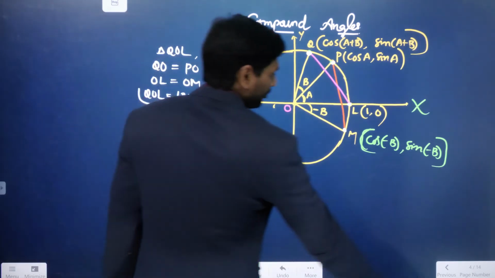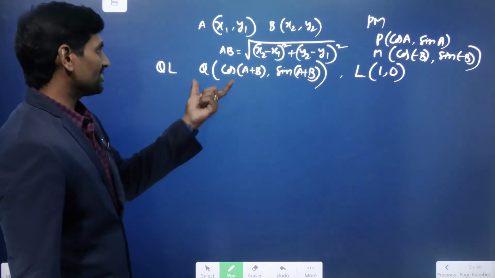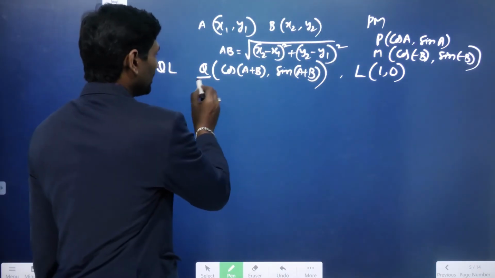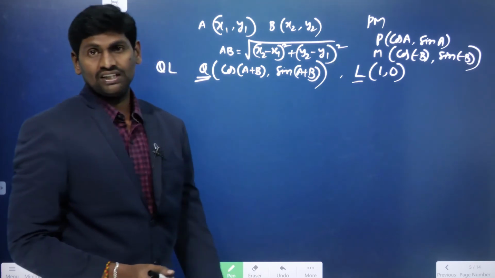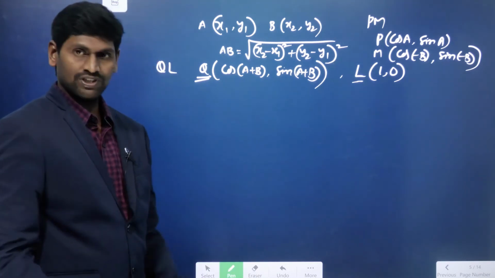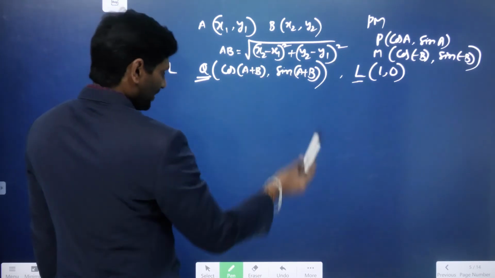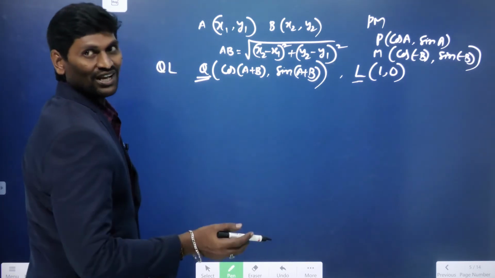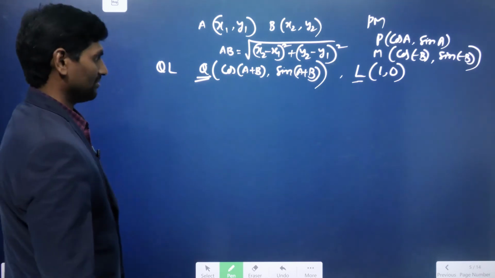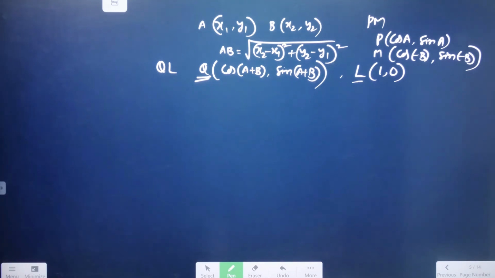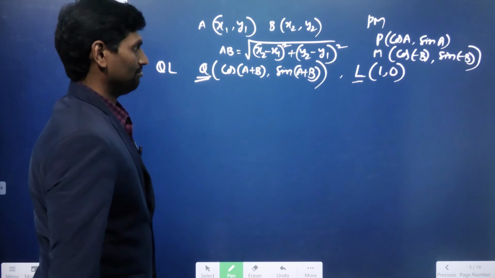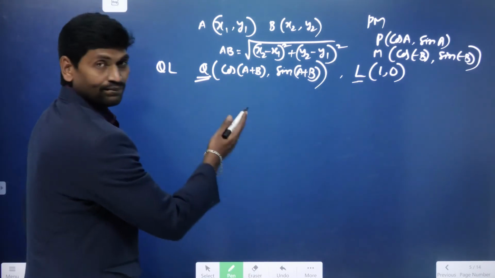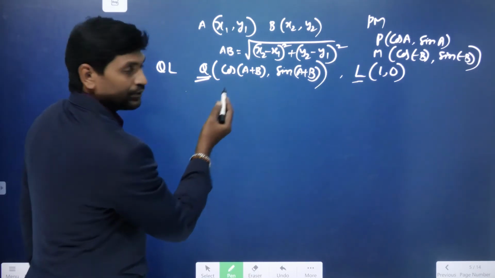So apply the same formula here. The Q to L distance is the square root of (x2 minus x1) whole square plus (y2 minus y1) whole square. Same concept we have to apply here. So QL equals PM.